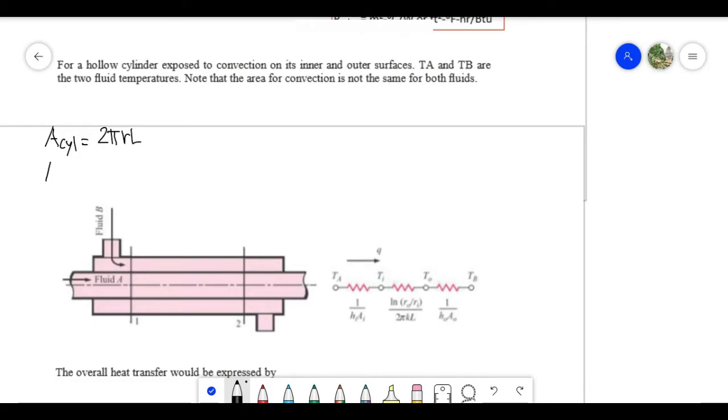And then for sphere, kung sakaling sphere yung problem, is 4 pi r squared.